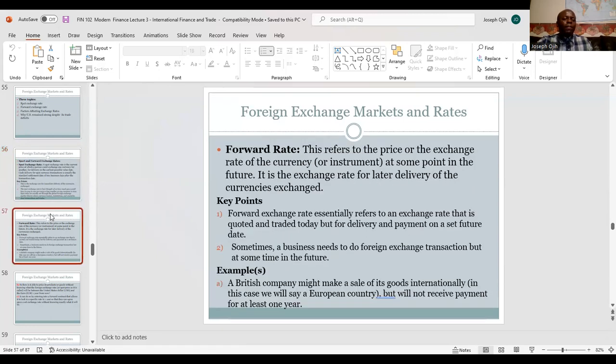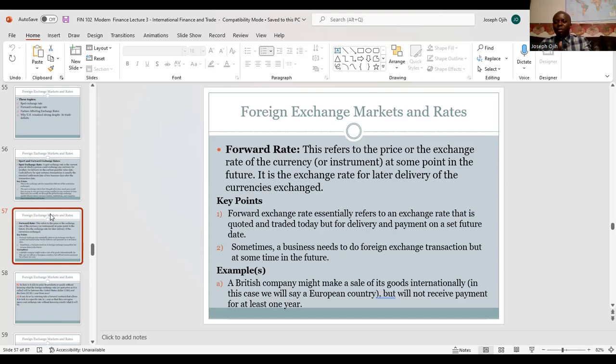Now, the forward rate, on the other hand, means the price or the exchange rate of the currency at some point in the future. Businesses involved in international transactions always prefer to have this forward rate because exchange rates change very, very fast.